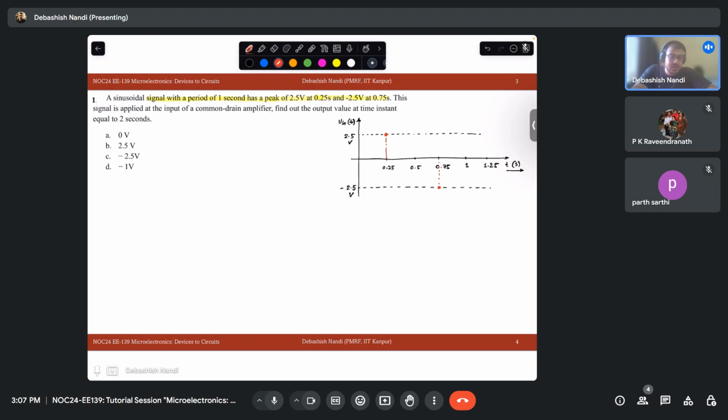It may not be a sinusoid, but it is mentioned a sinusoidal signal. So then it becomes obvious that the signal will look something like this. It will cross zero here and then go like this. It will again get a maxima here. So this is the period of the signal.